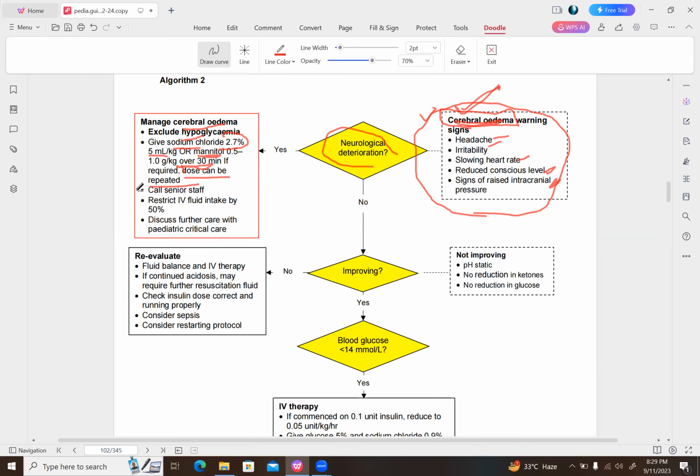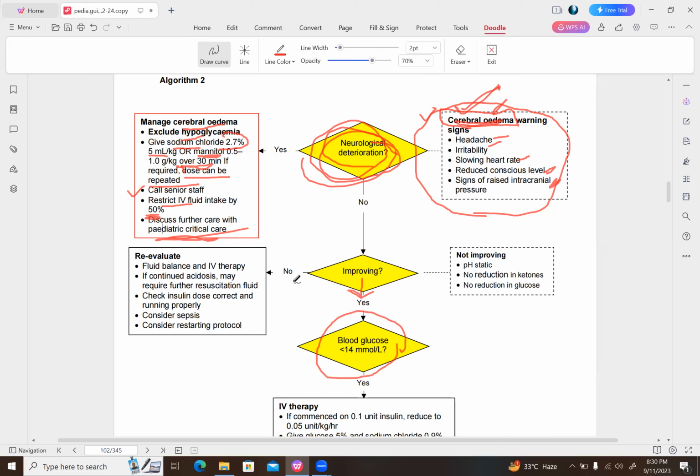Always involve your senior staff whenever there is a serious complication. So as a junior doctor, you always have to involve your senior staff, and you restrict the IV fluids by 50%. Okay, in case of this edema, you have to decrease it by 50%, and you discuss with the pediatric critical care. If there are signs of improvement, then check for the blood glucose.